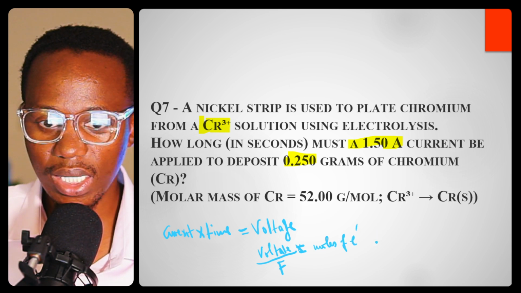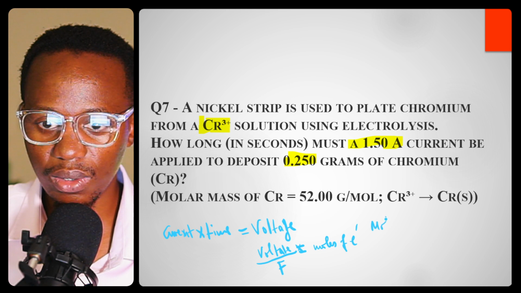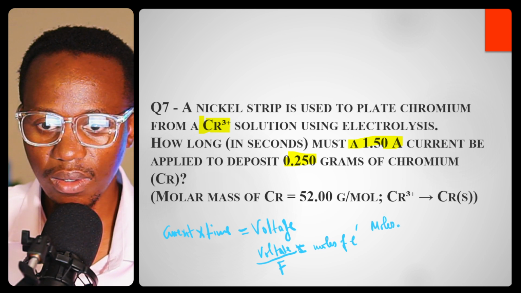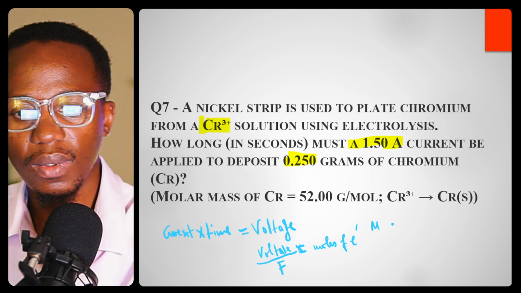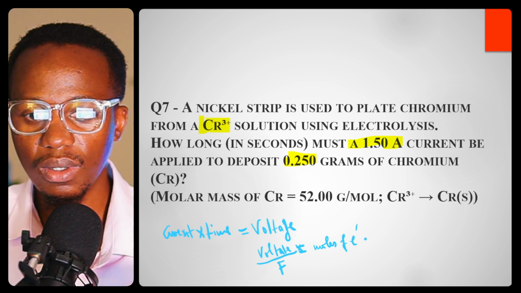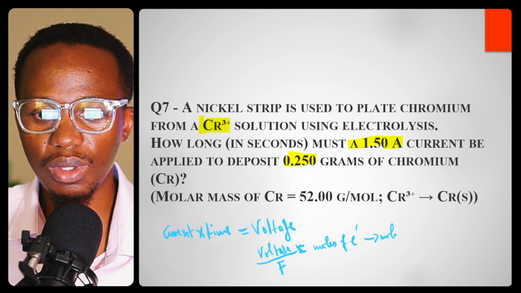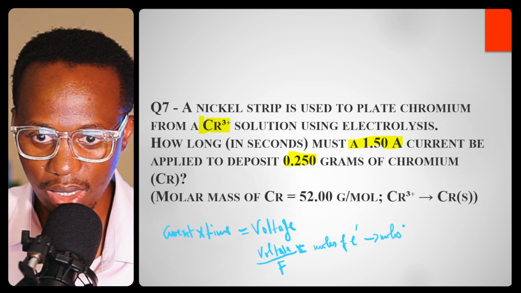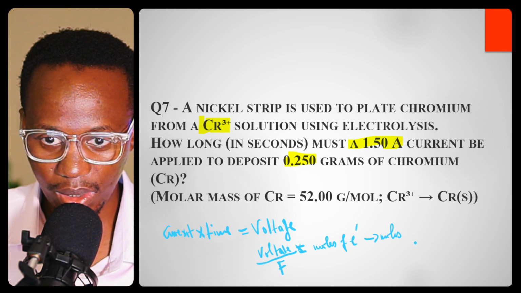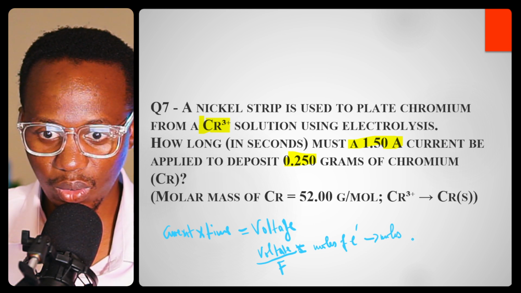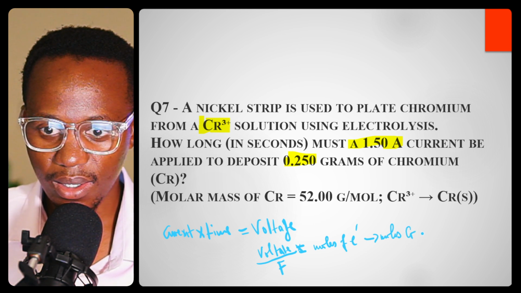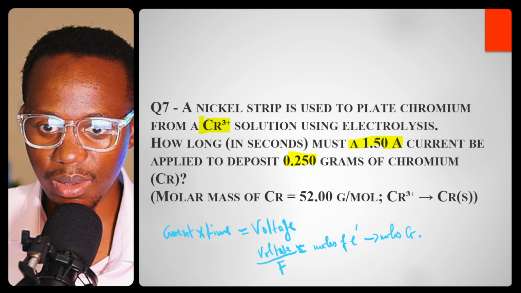Then when we take these moles of electrons, you just do an arrow. Moles of electrons will give you the moles of what we want. Here it will be chromium, and then the moles of chromium will give you the grams of chromium.